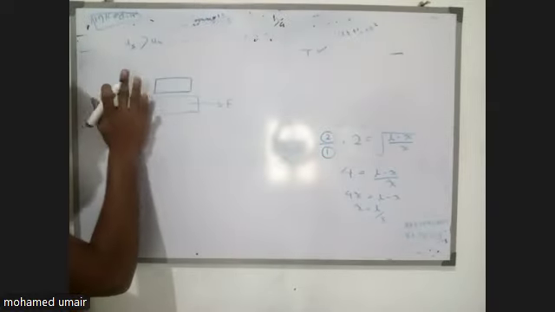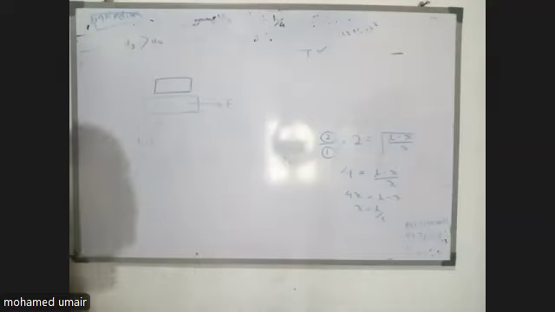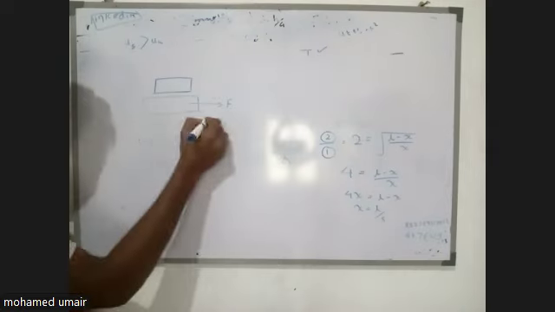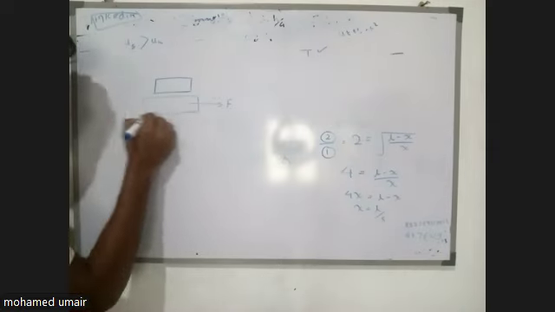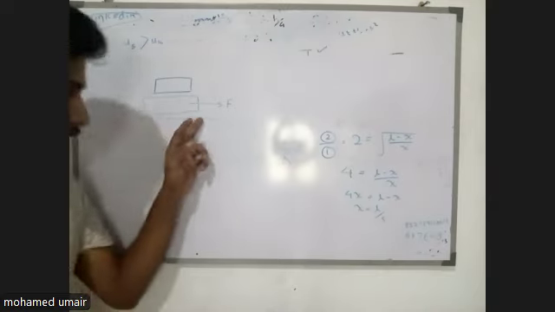Now, they are just dragging this object with a force F. The floor is frictionless. We don't have friction in this area. In this section, we don't have any friction.